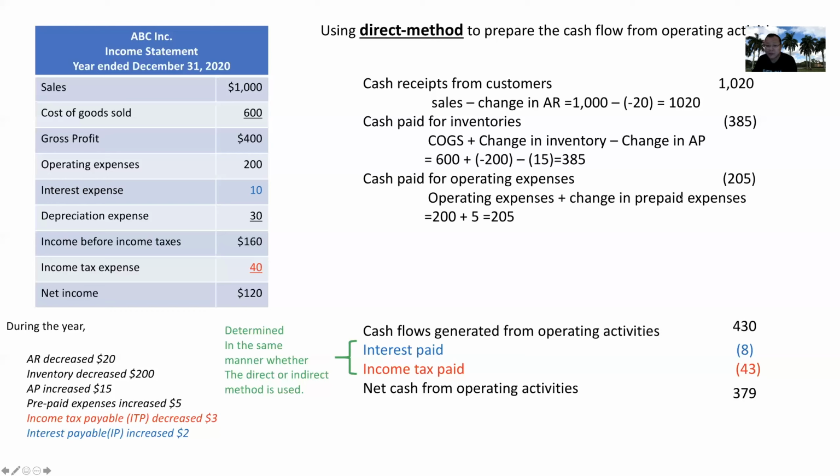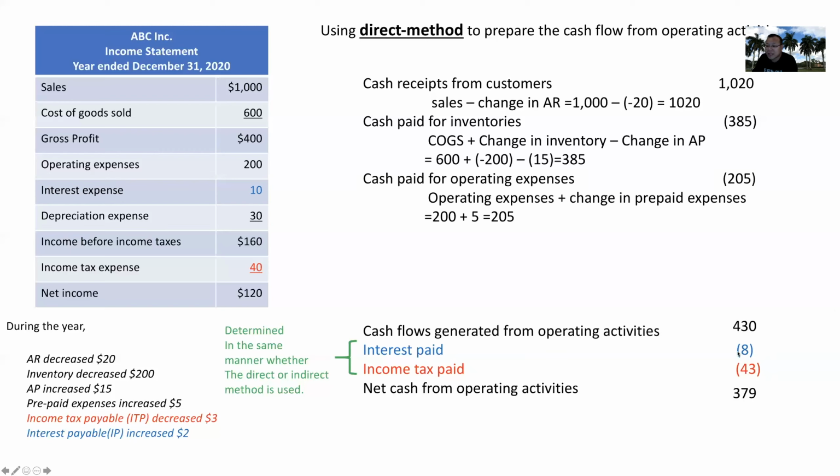So if you do the calculation, 1,020 minus 385 minus 205, you should get 430. These two items remain the same.